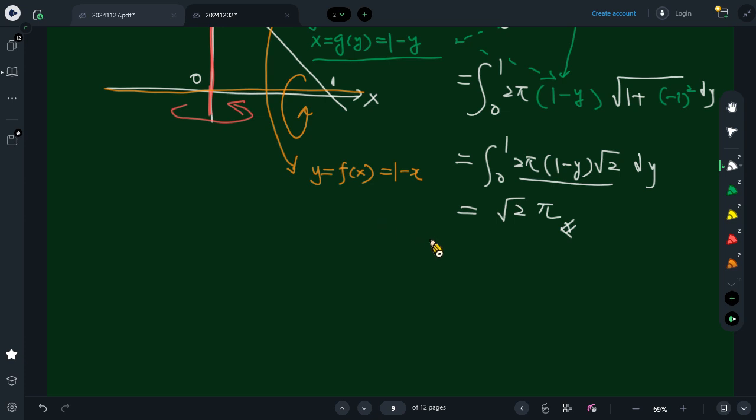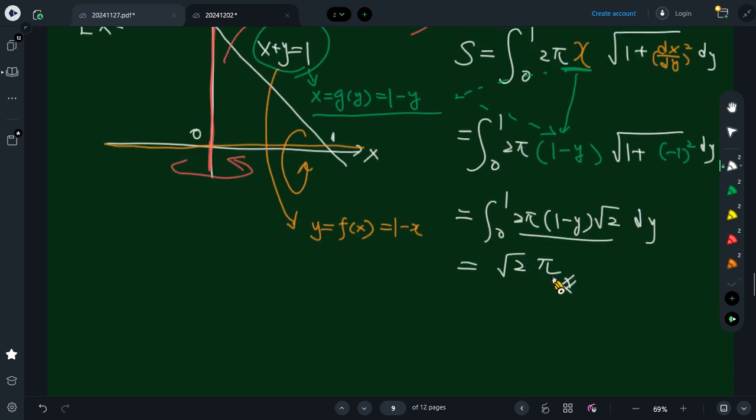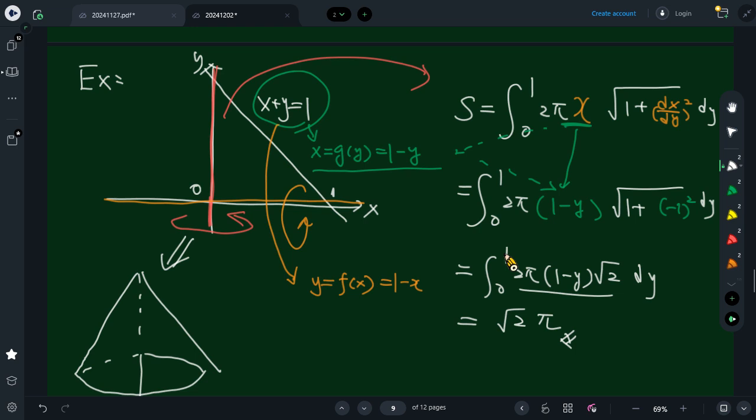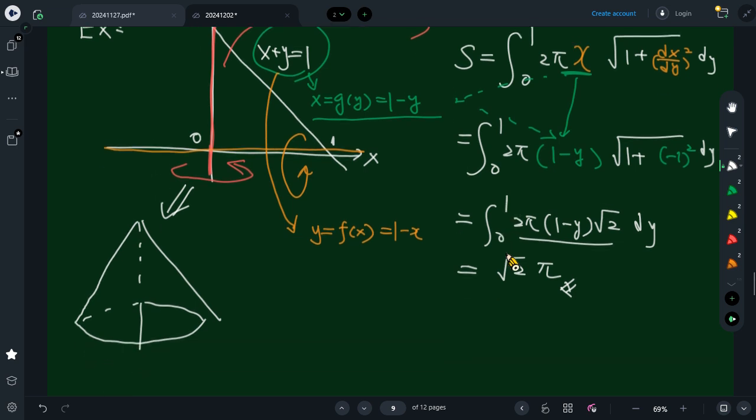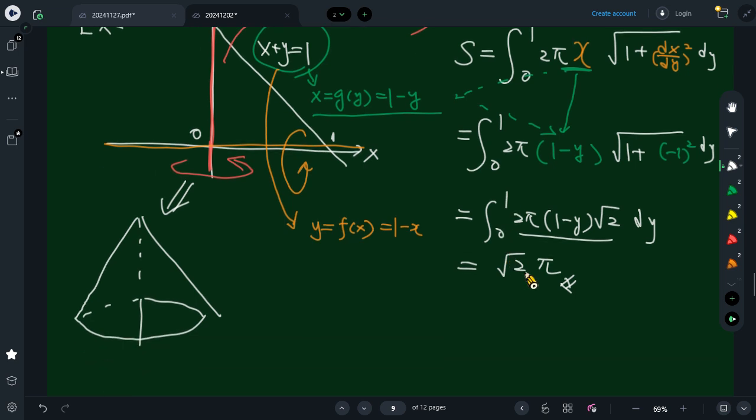Maybe you can just think about the final shape, which will look like this one. We are talking about how to get the surface area, right?